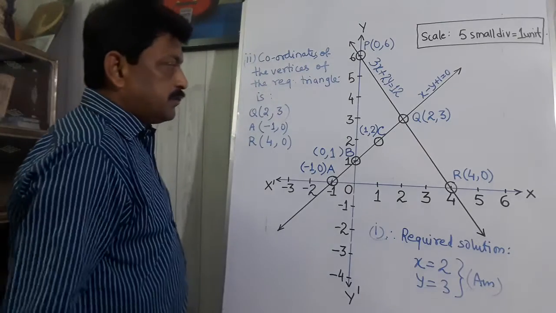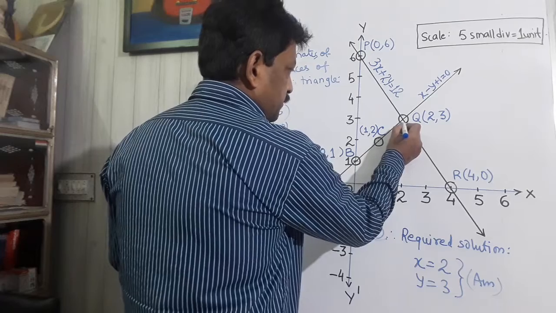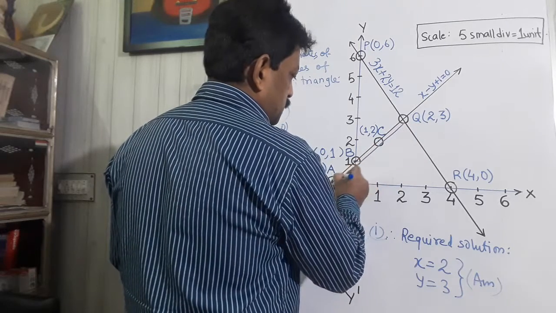Shade the triangular region. The triangle formed by these two lines and x-axis, we have to shade it. Shade it like this.